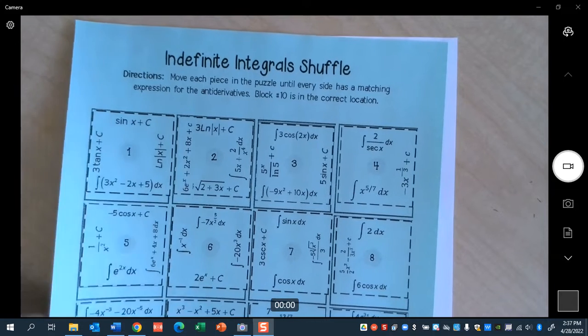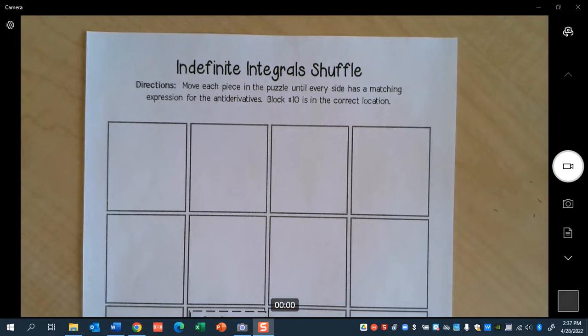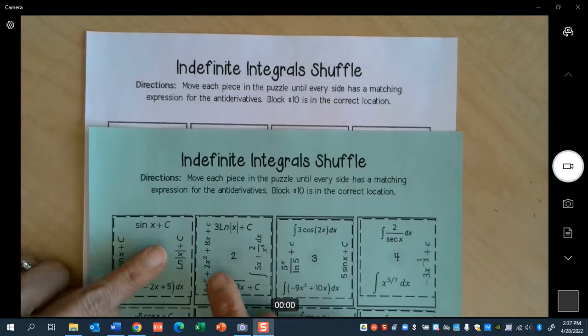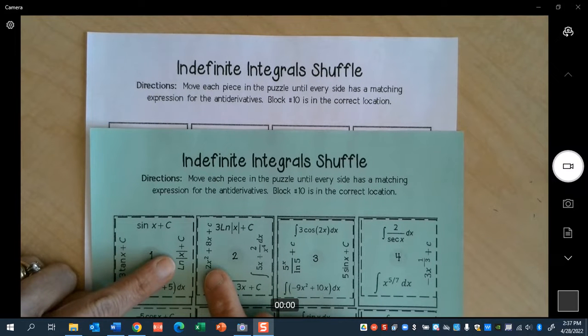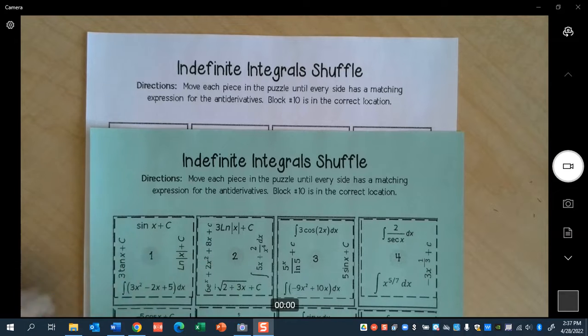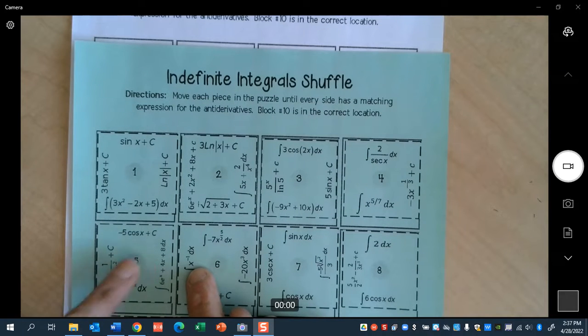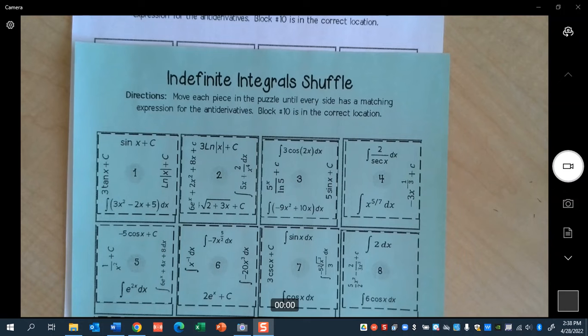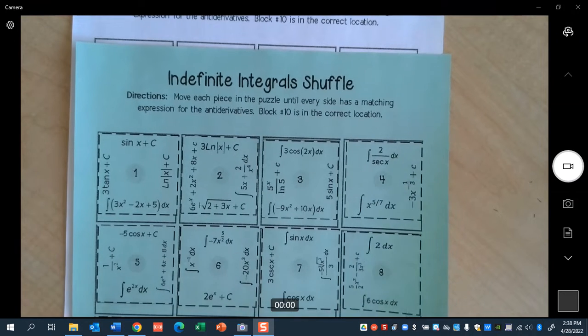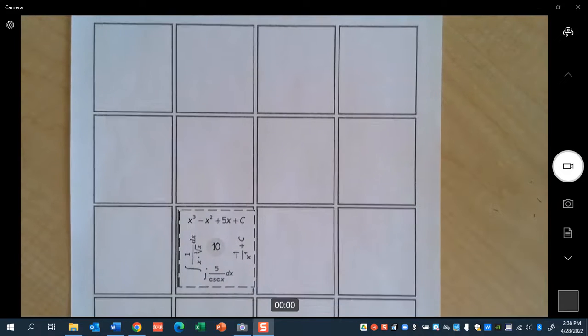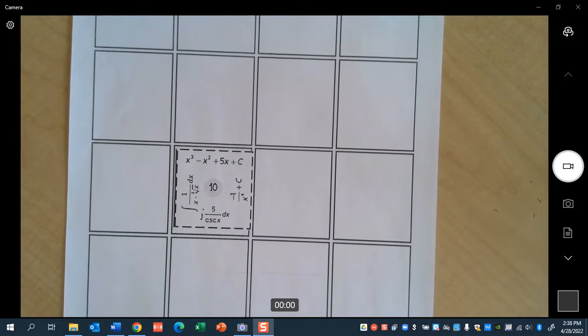And you're placing each integral so that it's matched up with its original function. The way that it's placed here in these boxes is not the right order. And our hint to get you started is box number 10 goes here.